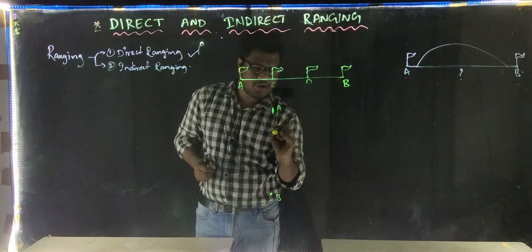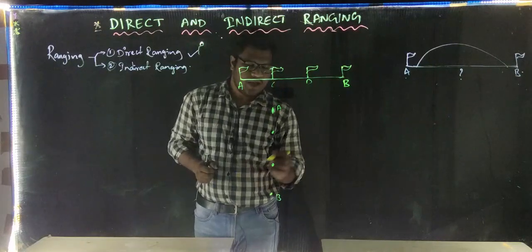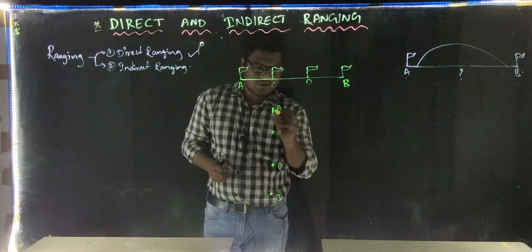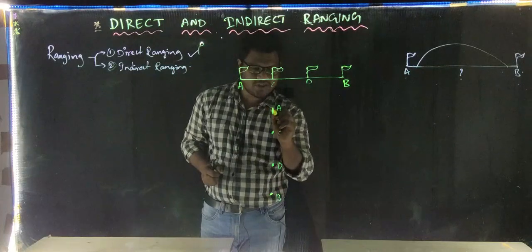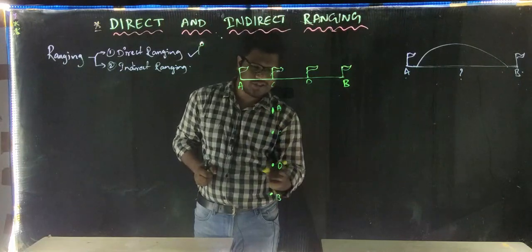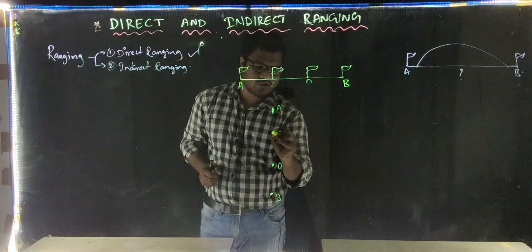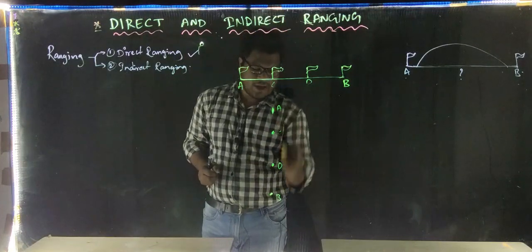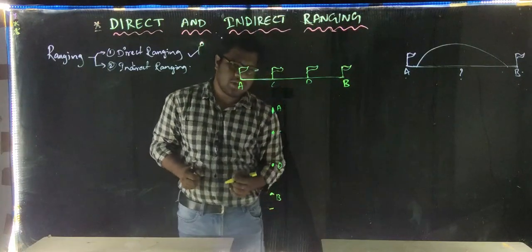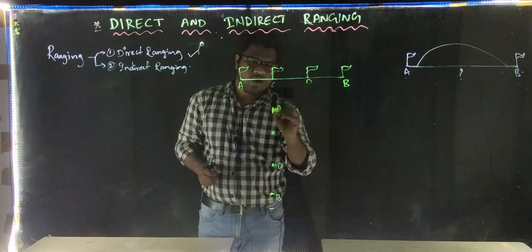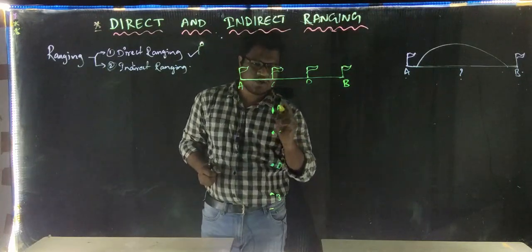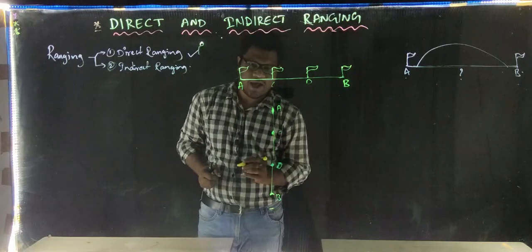I am going to fix the intermediate stations like this, and name them C, D. First I fix the stations at the end points, A and B. Then two persons stand at station A and station B, and the remaining two persons fix station C. I will ask the person standing at B to stand at a distance of 1 meter and fix the ranging rod, and another person at A fixes another ranging rod and observes station C so that A, C and B are in the same line.